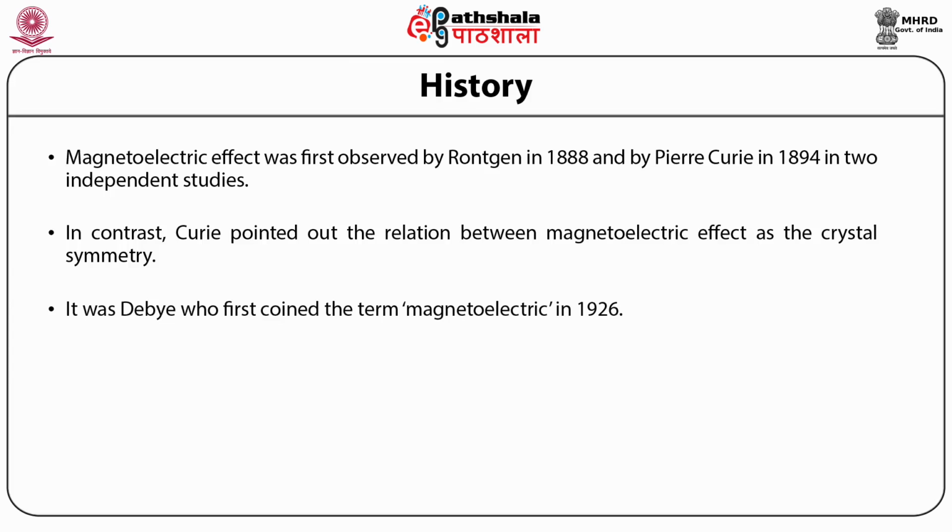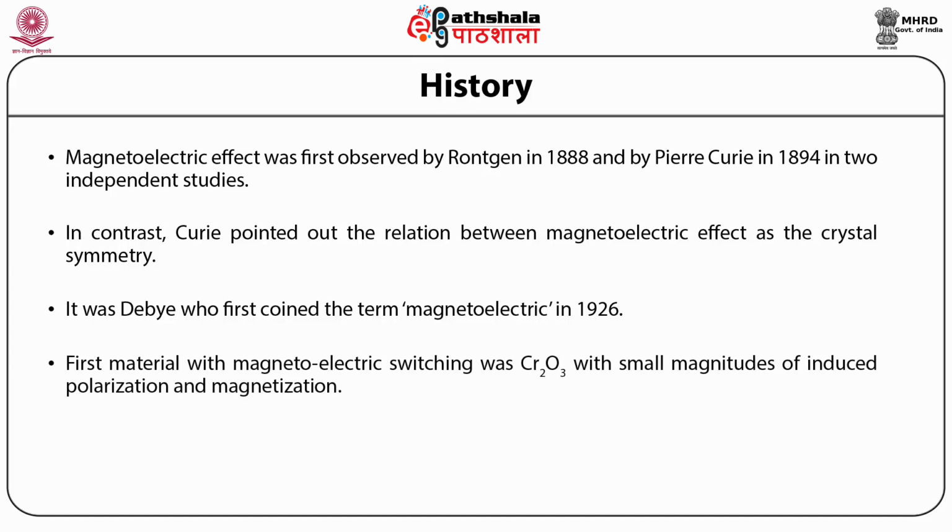It was Debye who first coined the term magnetoelectric in 1926. The first material with magnetoelectric switching was chromium oxide, with small magnitudes of induced polarization and magnetization.